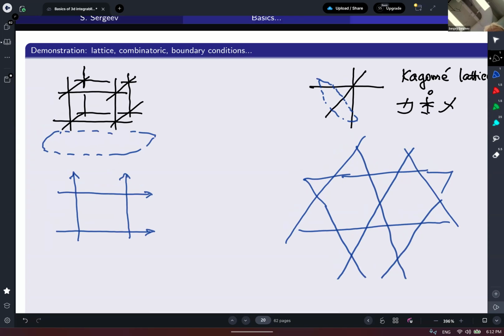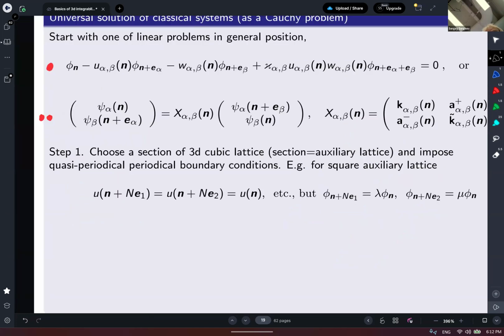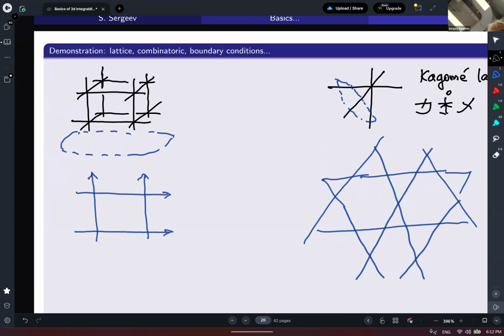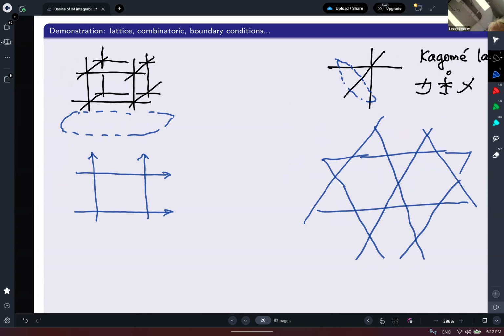And let me demonstrate what's going on for scalar linear problem. It's more simple to put notations. So 2 by 2 auxiliary lattice. Let us start to put auxiliary variables.